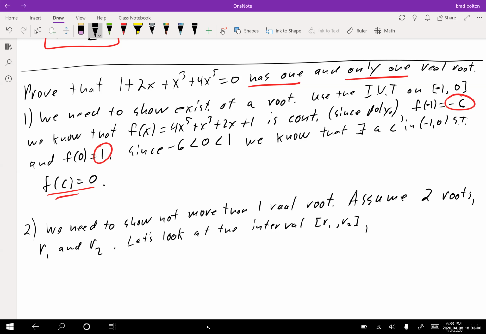These are our 2 roots, okay? And let's say that f of x is continuous on this interval, R1, R2. How can we assume that? How do we know that it's continuous on R1 and R2, and we can even say it's differentiable.